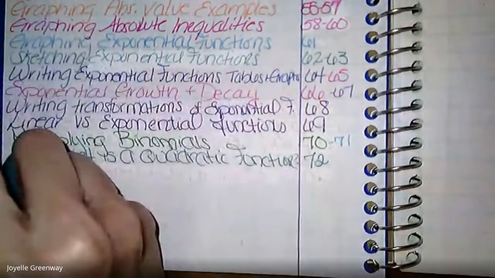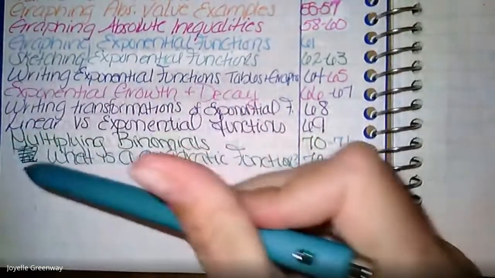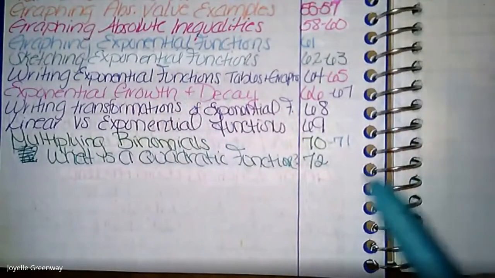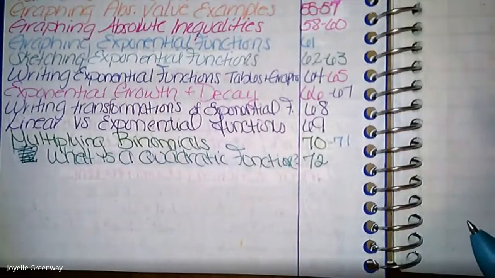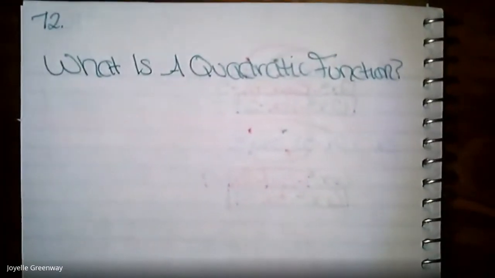I don't know why that says 72. I put the page number there and there. So what is a quadratic function? On my page 72. This should not take more than one page. So once you're done with that, go to your page 72 and title it, What is a quadratic function?